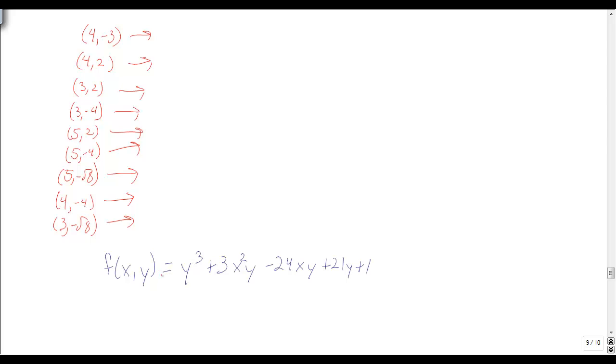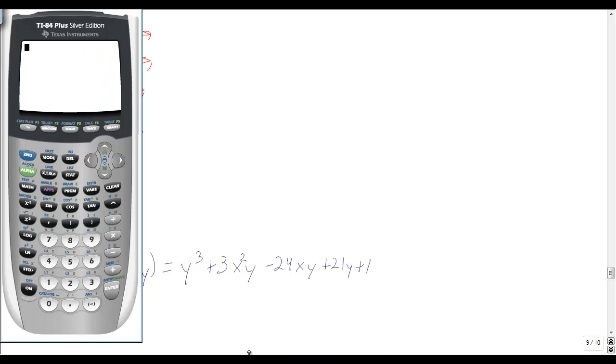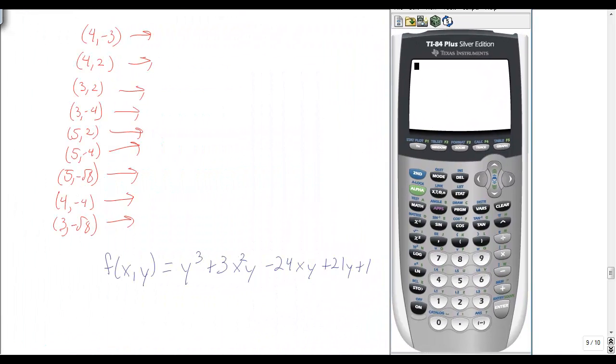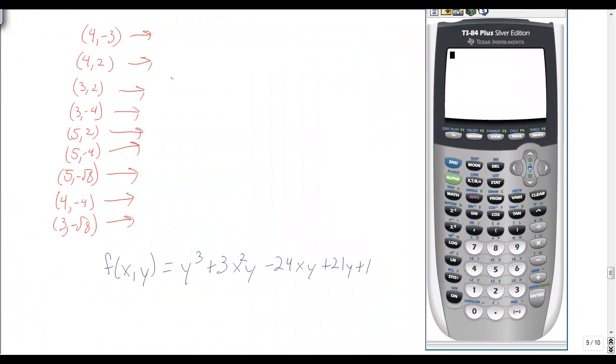Now, I'm going to use the TI-84 here to do this, which illustrates some of the things that are a little bit problematic. My general instinct when evaluating functions on here is to go to y equals and type in a function. That's not going to work very well here because I can only have one independent variable. I can do a one variable function but not a two. I can kind of trick this into it though by hitting the stat key.